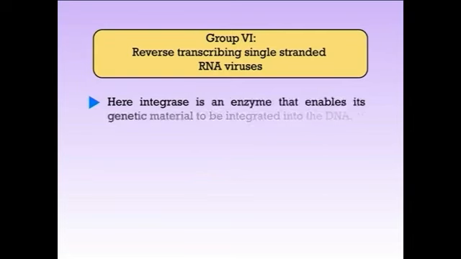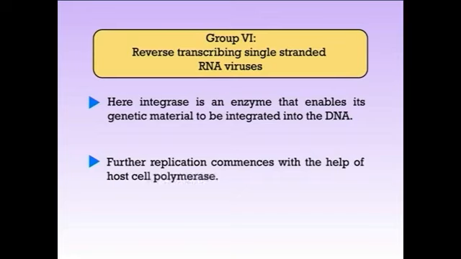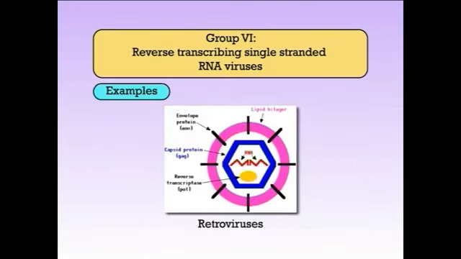Here, integrase is an enzyme that enables the viral genetic material to be integrated into the host DNA. Then further, replication commences with the help of host cell polymerase. The retroviruses are the example of this group of viruses.